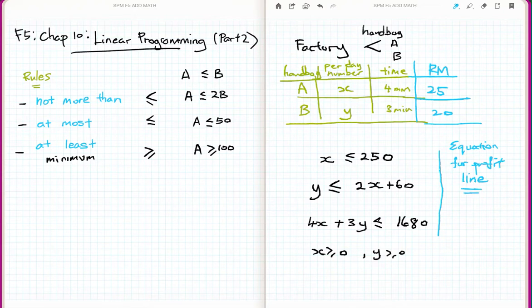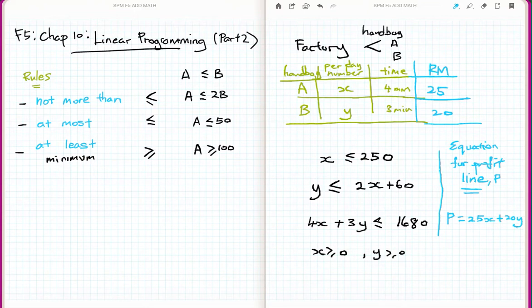Okay, how you do that? It will be like this. Number per day is X. 1 unit is 25. Let's say my profit line is P, profit. So therefore my profit per day will be actually 25x plus 20y, right? No doubt.